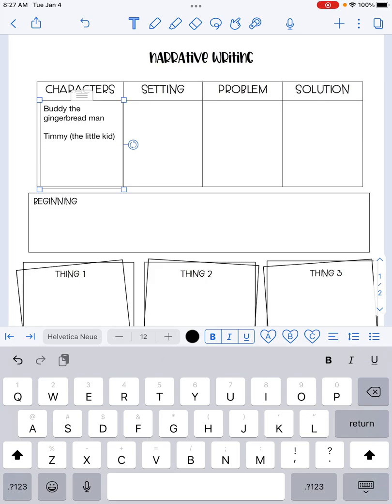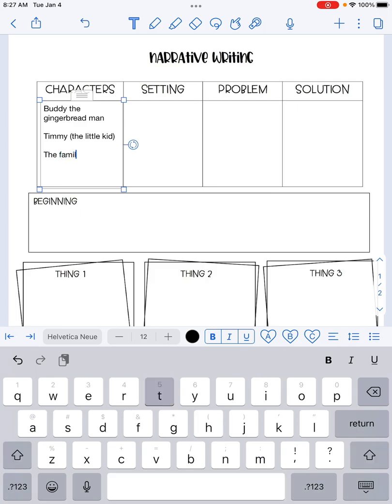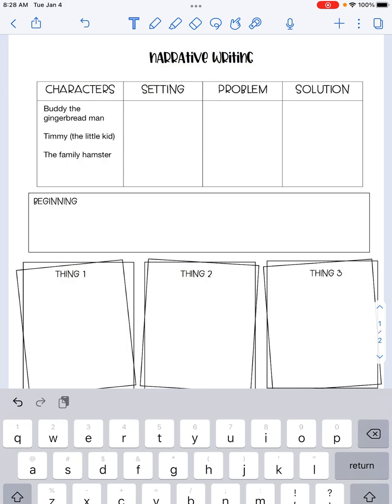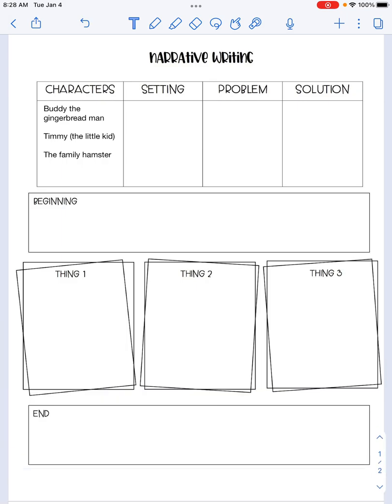So I'm going to also put down the family hamster, because I think that my gingerbread man will escape with the help of the family hamster. And I didn't put a name. You can put a name if you decide to include a pet. But remember, if you're including a pet, that pet has to be willing to help, not eat them.